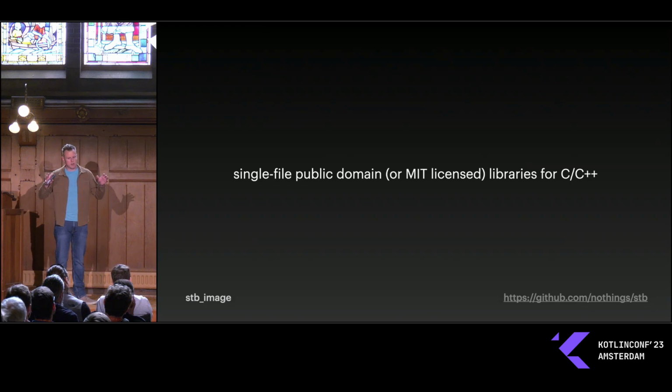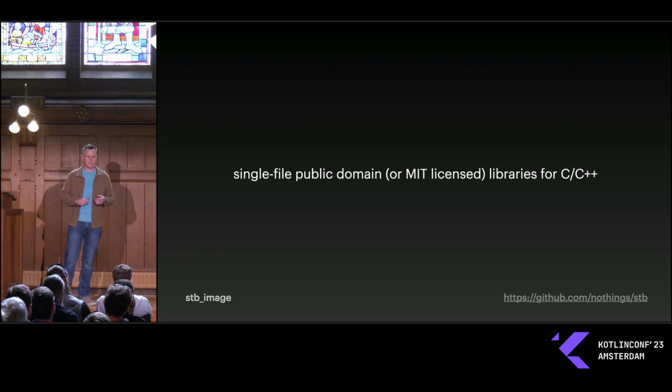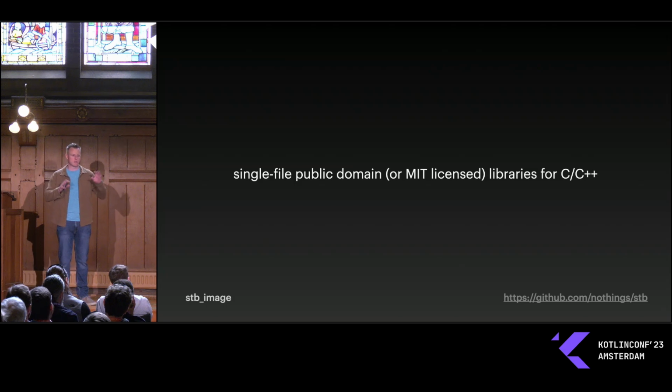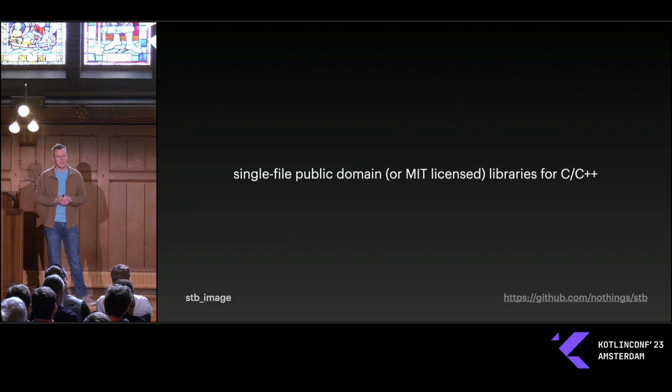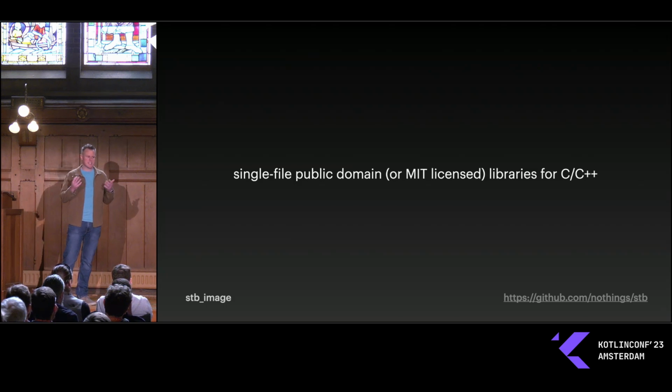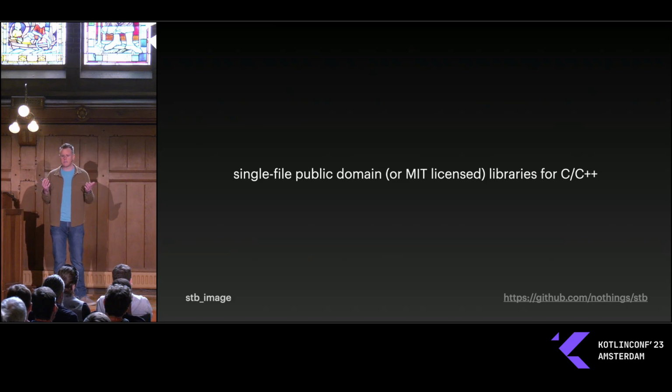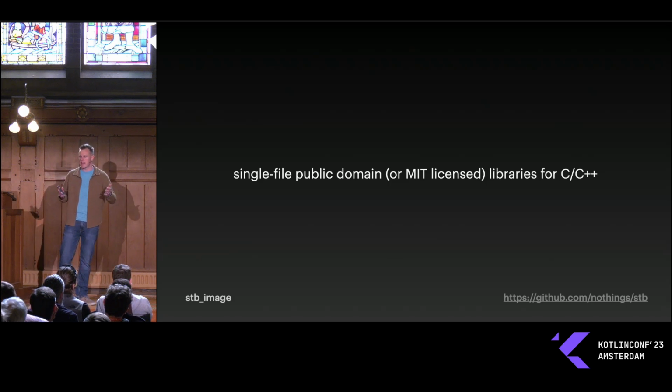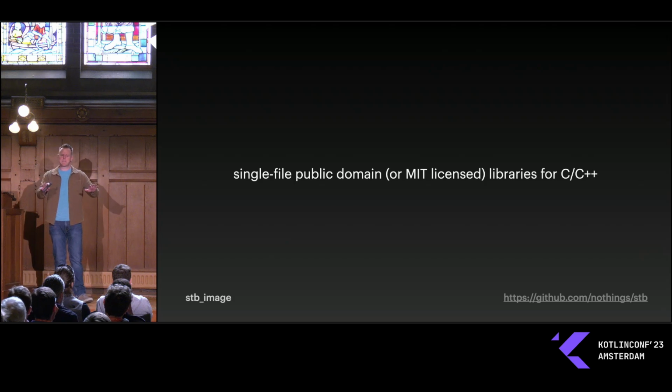We live in a JVM world where we have access to Maven and Gradle and dependency managers and central repositories and all that kind of stuff. C and C++ has a history that it doesn't have that. I mean, it has some solutions, but it doesn't have anything like Maven, where anything's available somewhere.